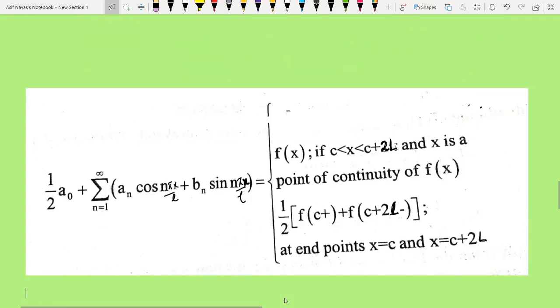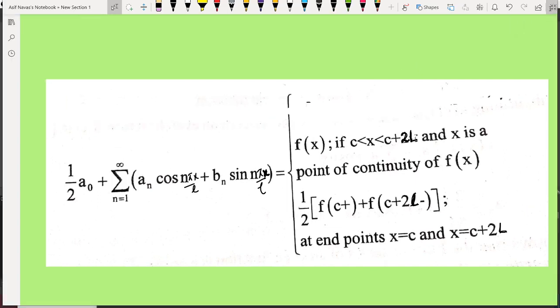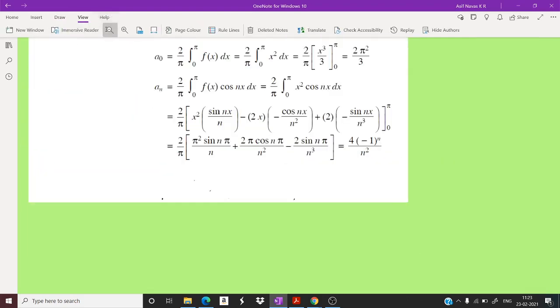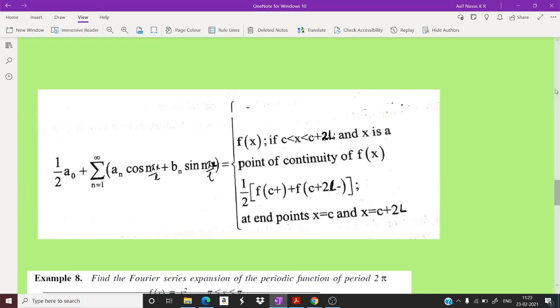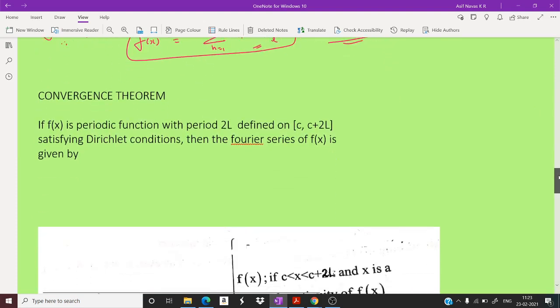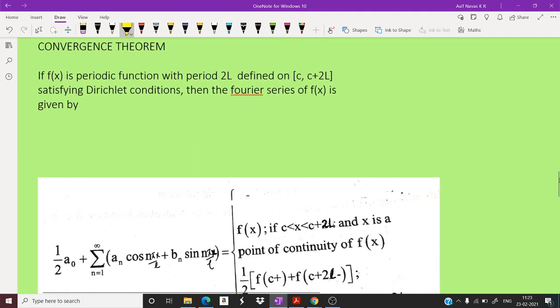So in order to find values, this is a very important theorem. You should understand. So now I will define what the convergence theorem is. So listen carefully.